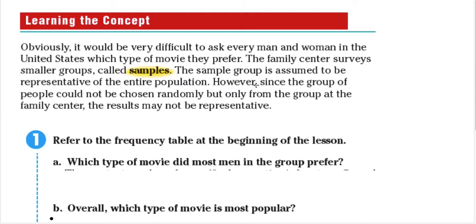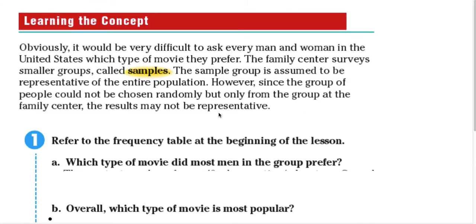However, since a group of people could not be chosen randomly, but only from a group at the family center, the results may not be representative, and that's the only difference between that particular result. It might not be random because of a particular group in that center.